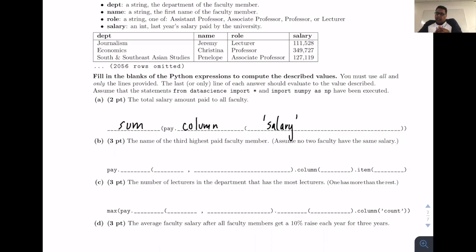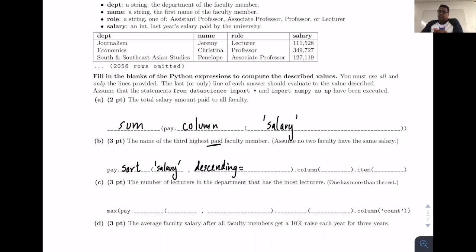So here we want to sort by how much they're being paid, so it makes sense to sort by the column salary. This is typical data science package syntax, .sort. First we specify the column name, so again that's salary, and then next we have descending, which is a flag that is either true or false.